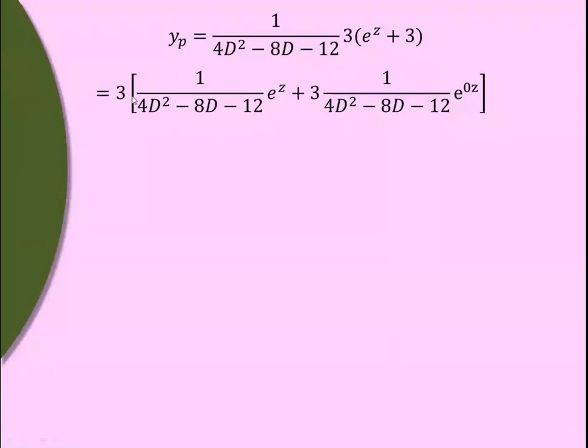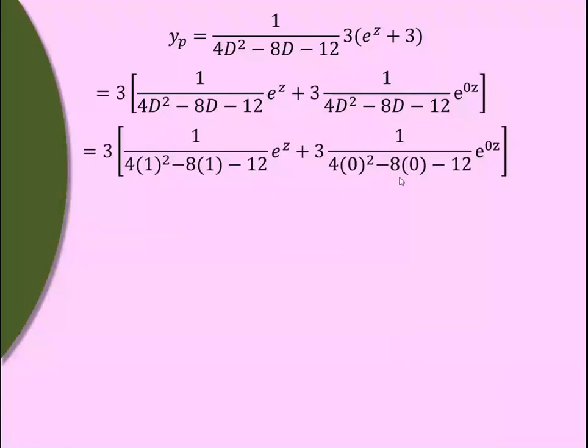And in that case, that much power of x we attach. But here, there is no such case. After replacement, we get a non-zero term. So replace d by 1 and d by 0. Okay, so we get 4 into 1 square minus 8 into 1 minus 12. And here 4 into 0 square minus 8 into 0 minus 12. Simplify it.